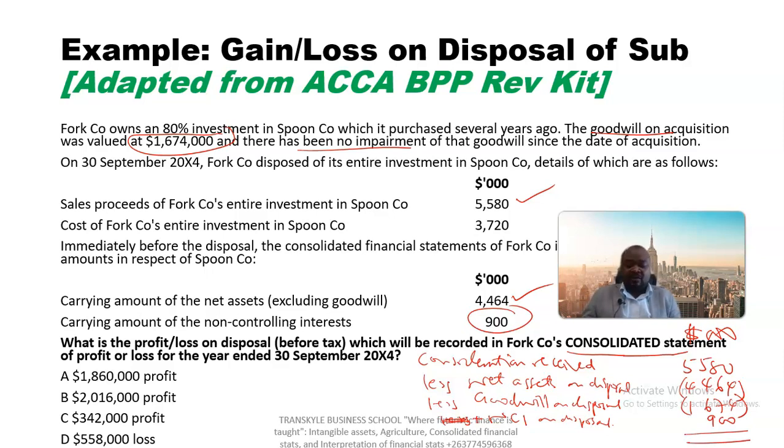So what will be our answer there if we compute the figures nicely?